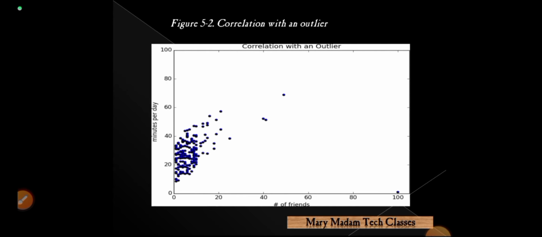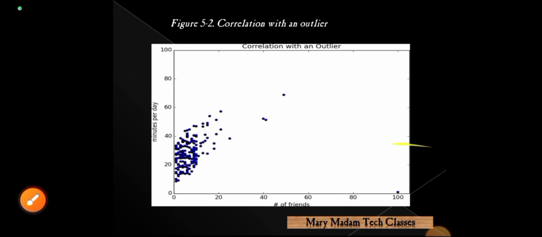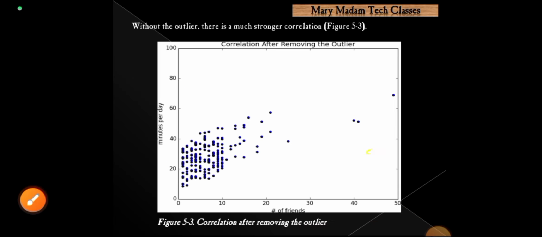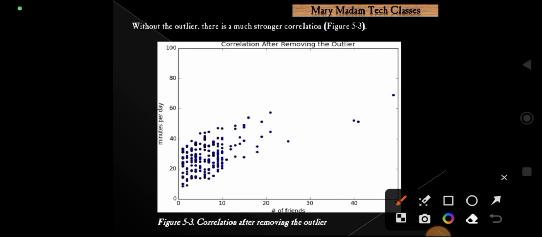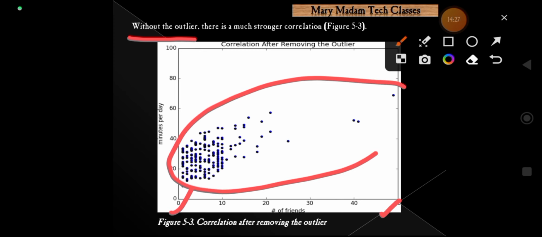In the correlation with an outlier, the outlier is at index 100, and the correlation is very low. But without the outlier, from 0 to 50, the correlation is stronger.